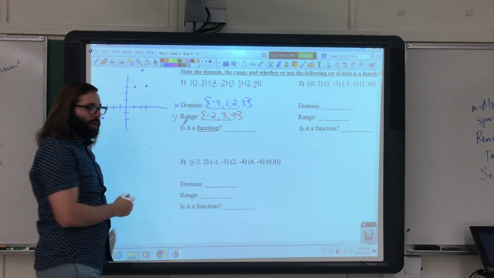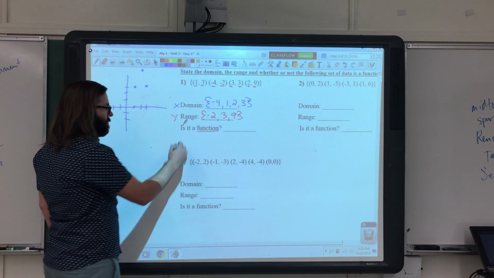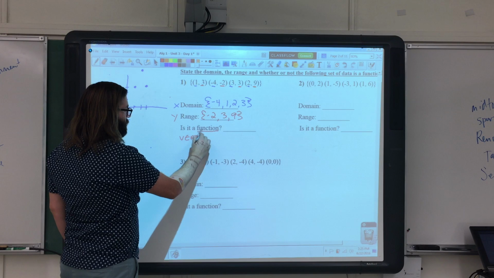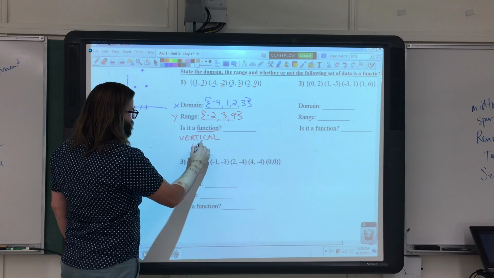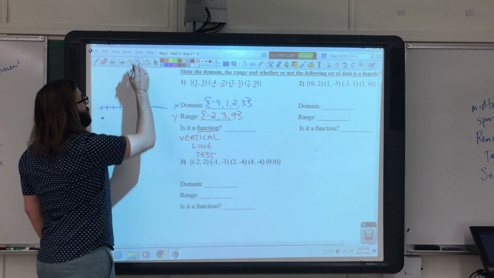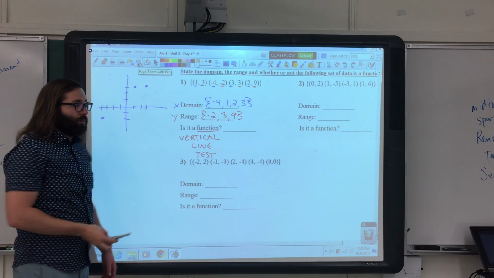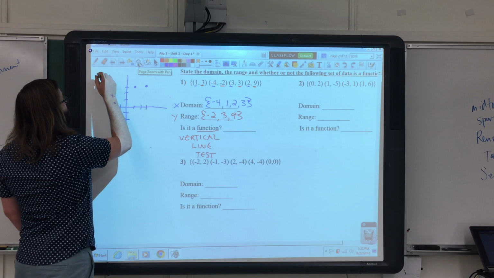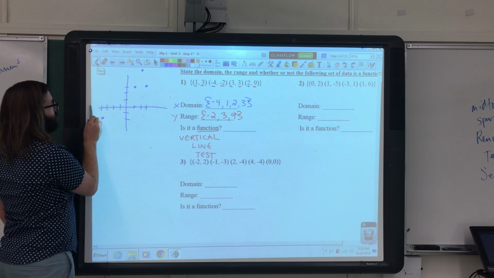Now if we're talking about a function, is it a function? It has to pass the vertical line test. Okay? All that means is basically we do our little vertical line.